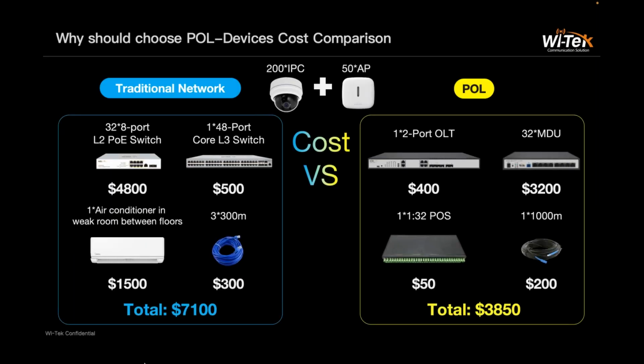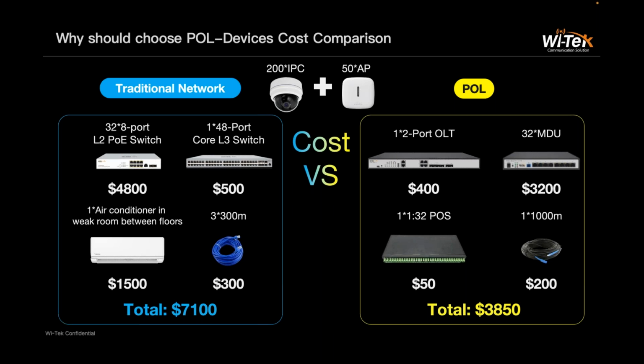Okay. Then second, let's take a normal hotel project. It has 200 IP cameras and 50 AP or VoIP phones, totally 250 terminals for one hotel. Before, if we finish this with the traditional network, that means using PoE switches.